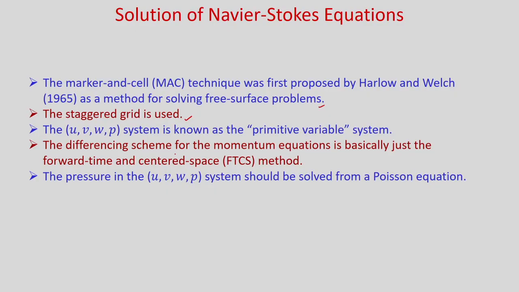The differencing scheme for the momentum equations is basically just the forward time and central space, FTCS, method. And if we solve the system using u, v, w, p and temperature, then this system is known as primitive variable approach, and here we will solve the equation for pressure separately.